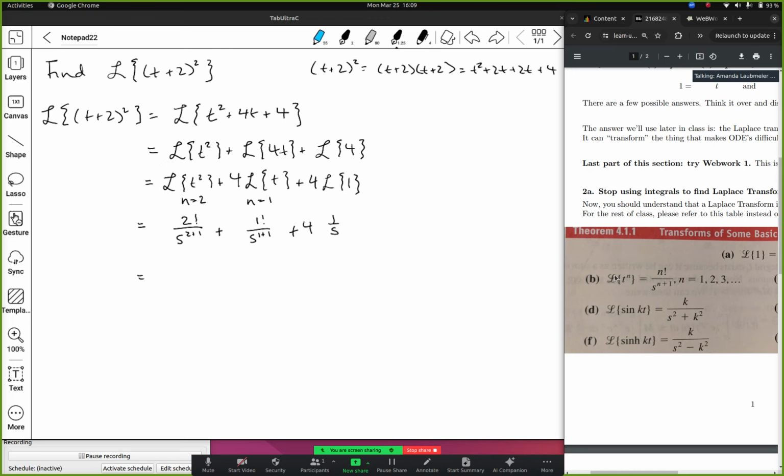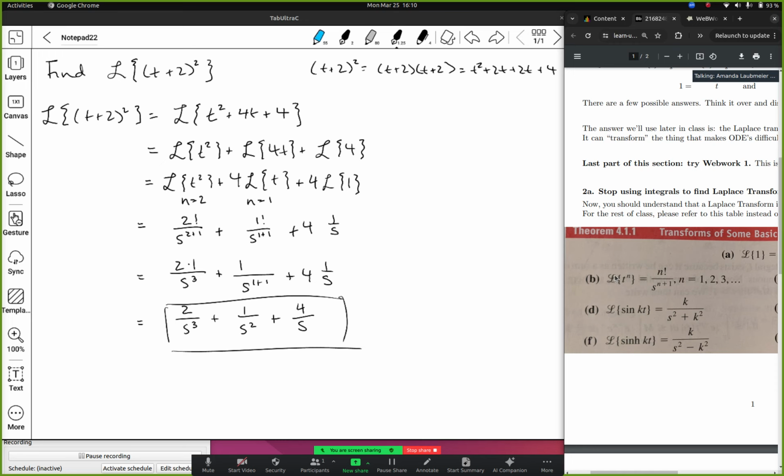So then just putting in the factorials, you multiply down all the numbers. So I'm going to get 2 over s cubed plus 1 over s squared. And then sort of moving the 4 back on top of that fraction, in that last term I'll have 4 over s. And I think this is my answer for this problem.